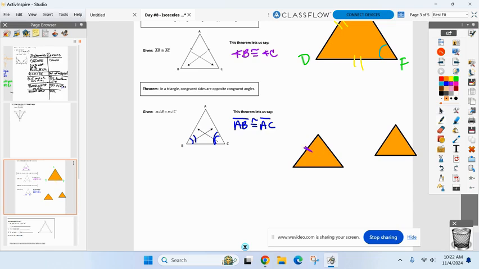I'll tell you that side's congruent to that side, and then they automatically think, oh, the angles across are equal. No, they're not. Are these sides congruent in the same triangle? No, so everything I just showed you up here does not work. If they're in two different triangles, this does not apply.